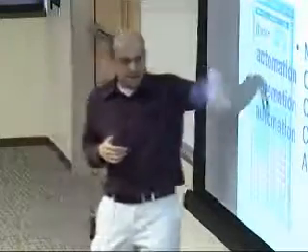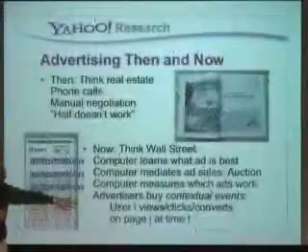So, computers learn what ad is best. Computers mediate the sales, like decide what things to sell and what not, through an auction type process. They also do the measuring and decide what works, and have a feedback loop.